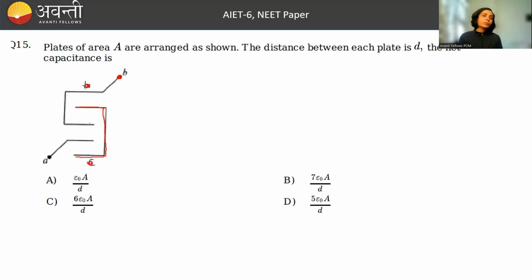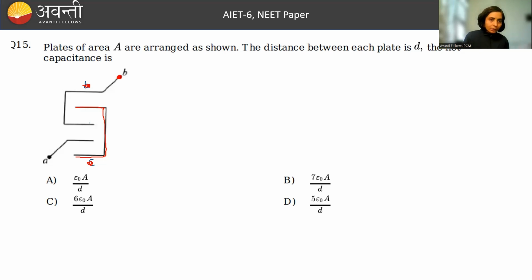How you solve this question? Like these are the plates of capacitor. Can you just by looking at the diagram say ki which plates are in series, which in parallel? A bit difficult, right? If you're not into practice and if you don't know the tricks. So what you need to do is, first thing that you should bear in your head is identify plates with different potentials.